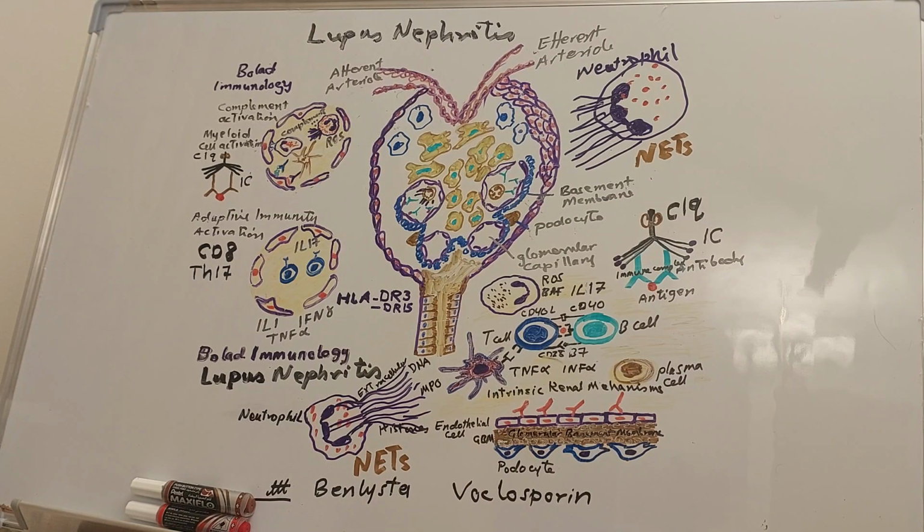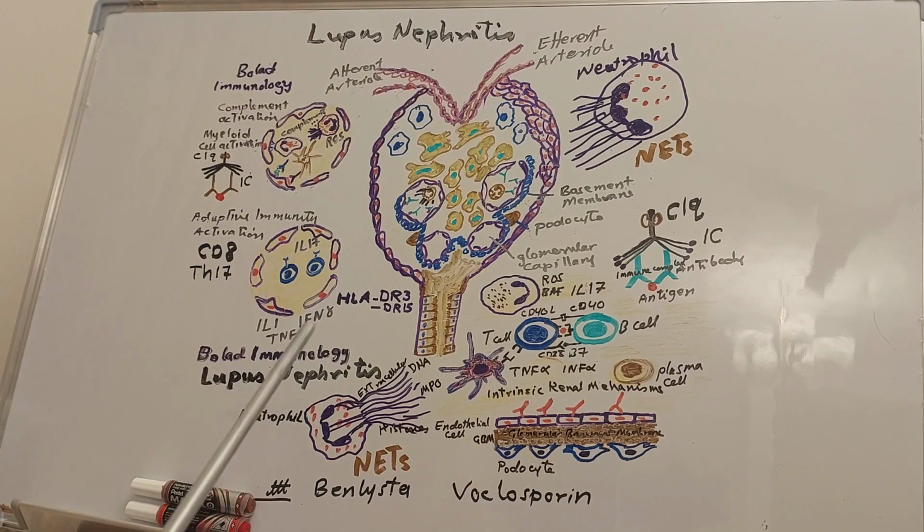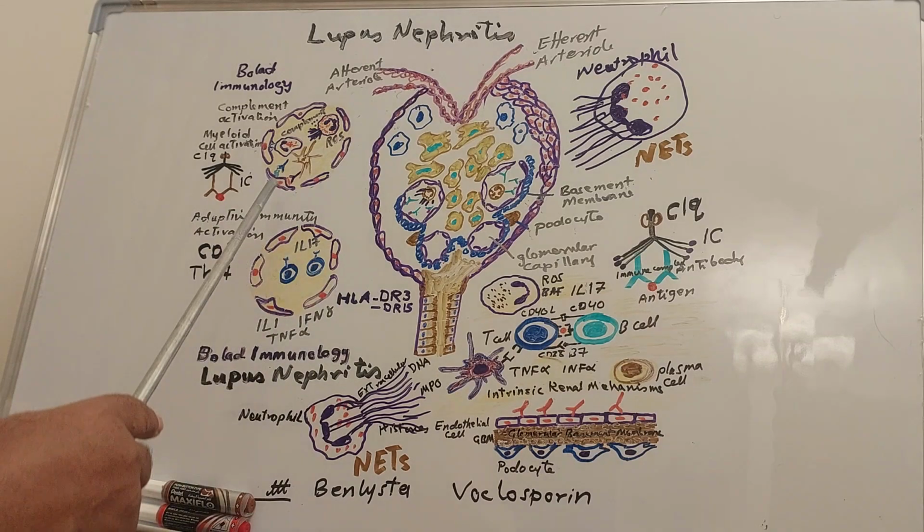All these contribute to polyclonal immunity, and the intrarenal etiology of lupus nephritis also involves antibodies, as can be seen here.